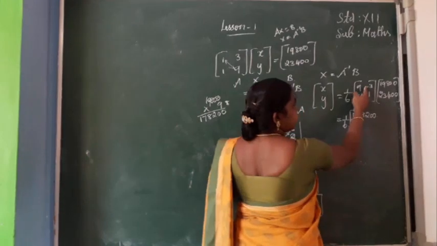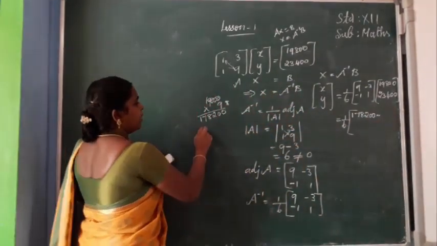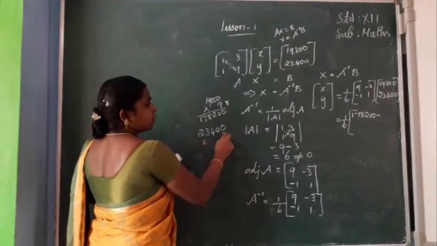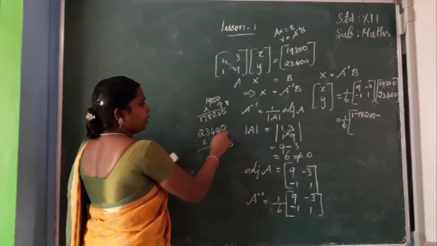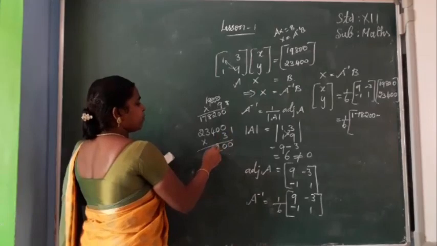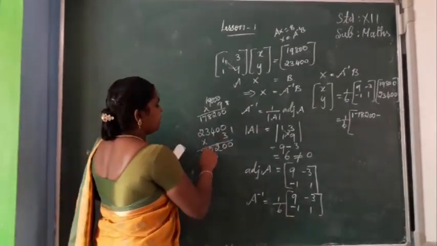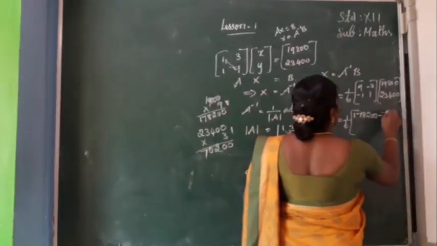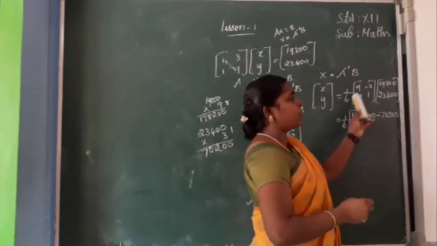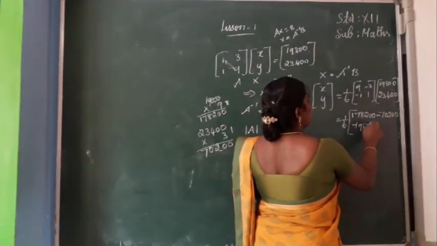Next you see minus is there, so minus 3 into 23,400. So 23,400 into 3 is 70,200. Okay, next one you multiply: minus 1 into 19,800 is minus 19,800.